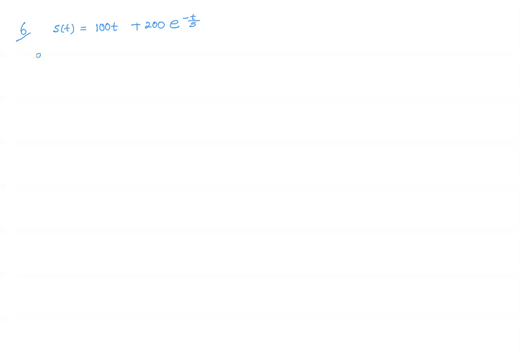Can you please find the velocity function, draw the sign diagram, even if the question didn't ask you to do so. Use your GC to help you. So just change y1 to this, then you can work.